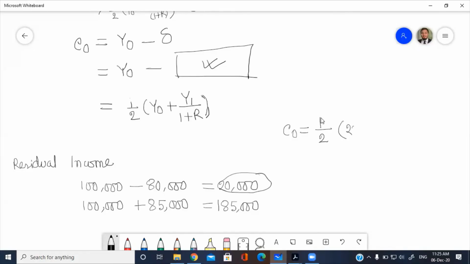After allocating for the project, 20,000. And what will happen to the future income after taking payoff from the project? That will be 185,000 divided by what? 1 plus R. Do we have the R number? Yes, sir. Okay. So if you use your calculator, you will get this kind of amount.